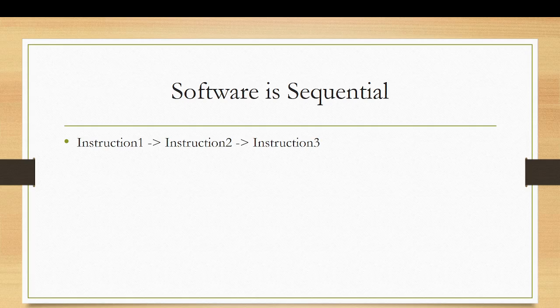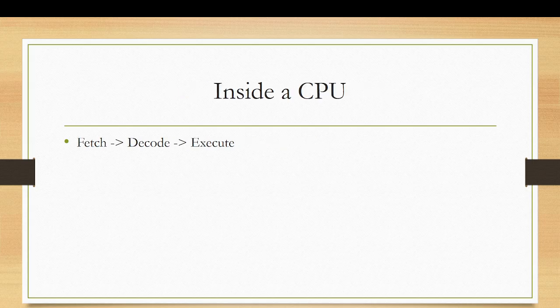Sequential execution, one instruction at a time. Every program you write eventually reaches a CPU. And the CPU follows a cycle: fetch, decode, execute, again fetch, decode, execute, again. This cycle repeats billions of times every second. That's how software runs, step after step after step.